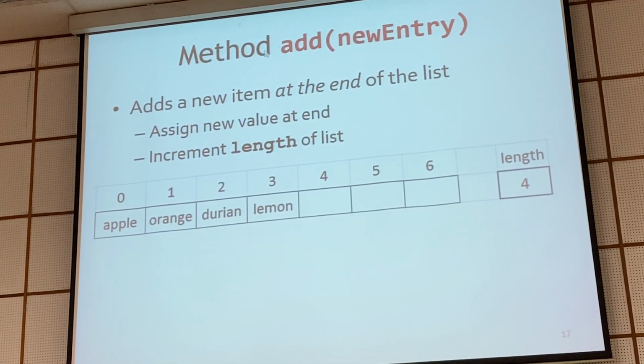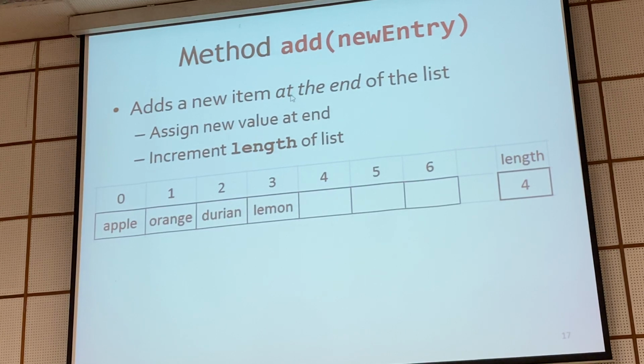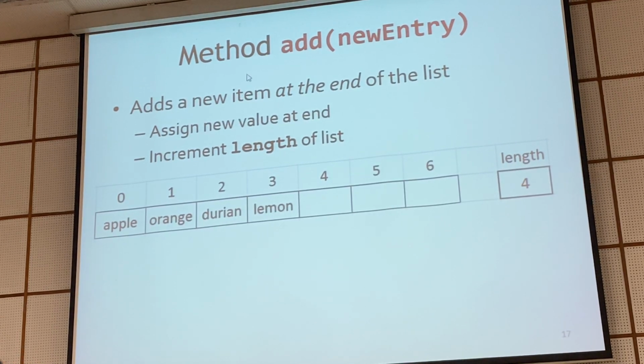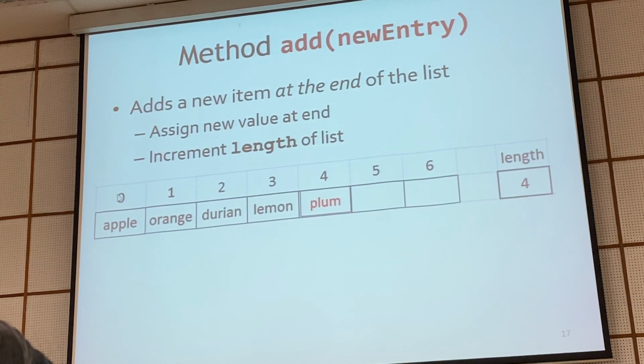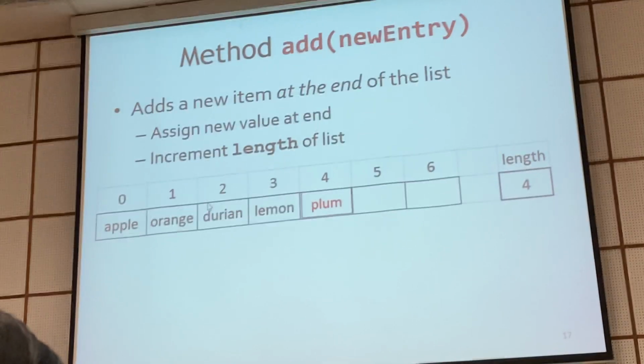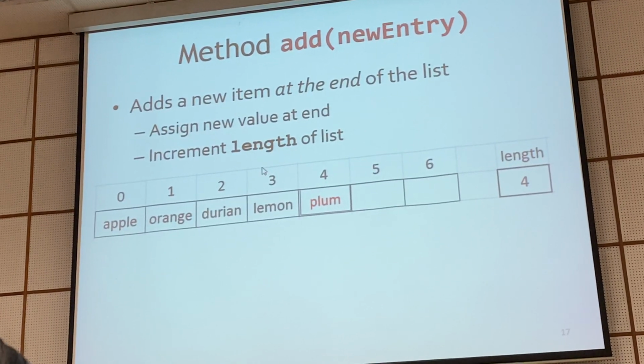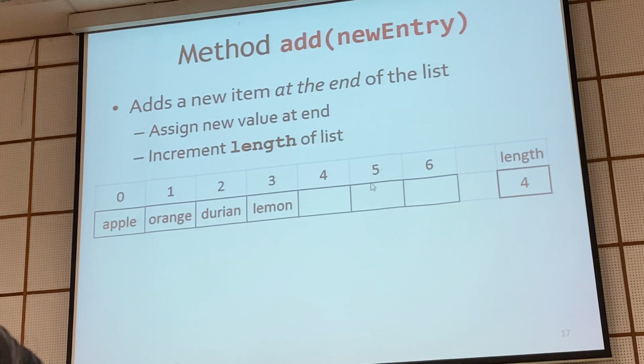Before we write the code, let's take a look at the concept of add. Add a new entry at the end of the list. Assign the new value at the end, then increment the length of the list. Assuming we have an array, the starting index is 0.